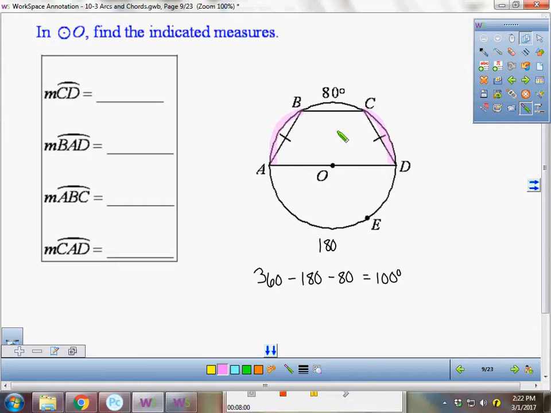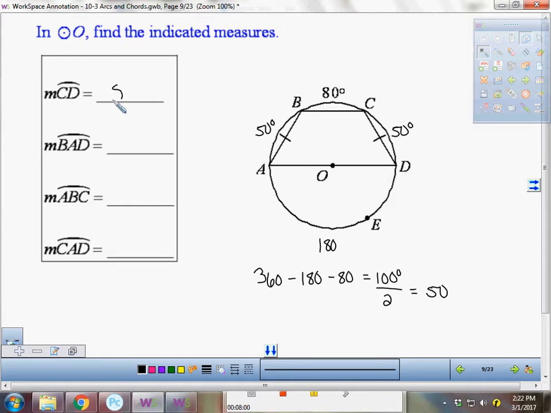Well, I know that those parts are equal because I've got the congruency marks on my page. So therefore, if I just take and divide 100 by 2, that tells me that each piece is 50. So I've got CD is 50.